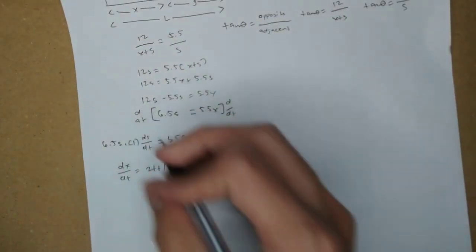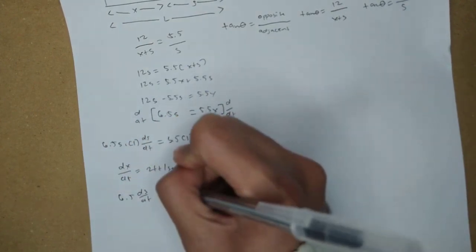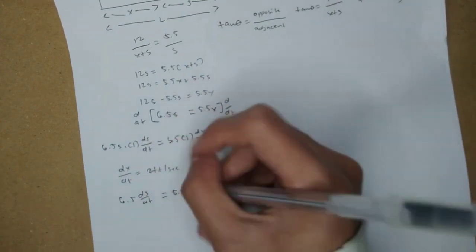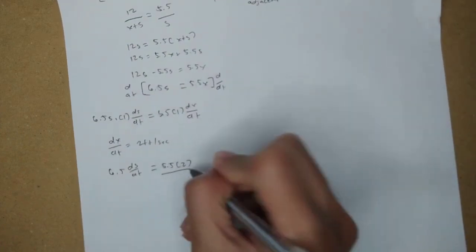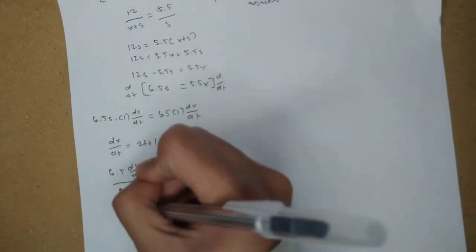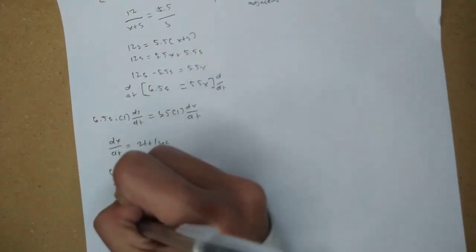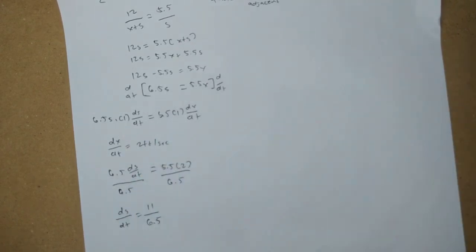Now that we have that value, we can just substitute it in our equation. It would be 6.5 ds/dt equals 5.5 times 2 feet per second. To get ds/dt, we are just going to divide both sides by 6.5. So our ds/dt would be 11 over 6.5.